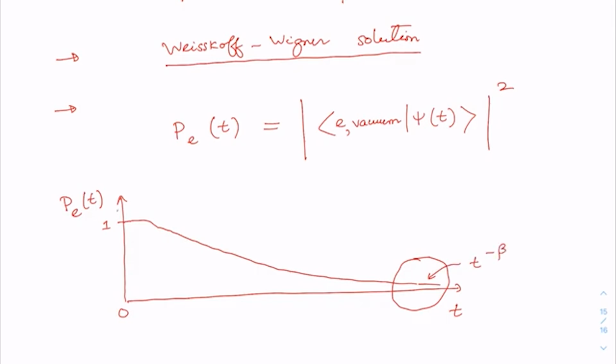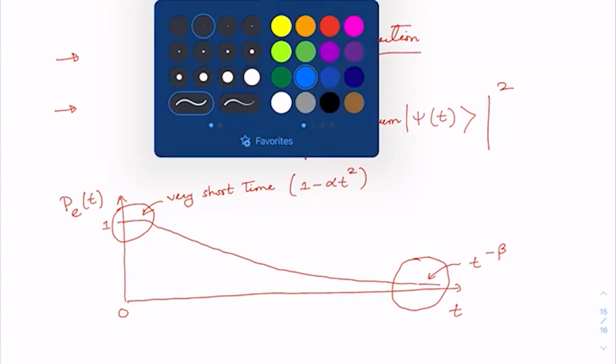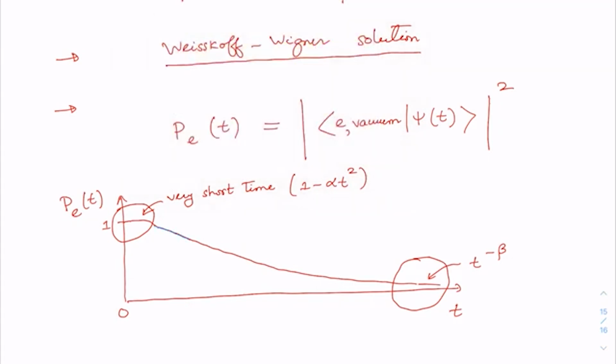On the other hand, at very short time, this behavior would be quadratic in time, 1 minus alpha t square, but for the majority of the time it will be exponential.